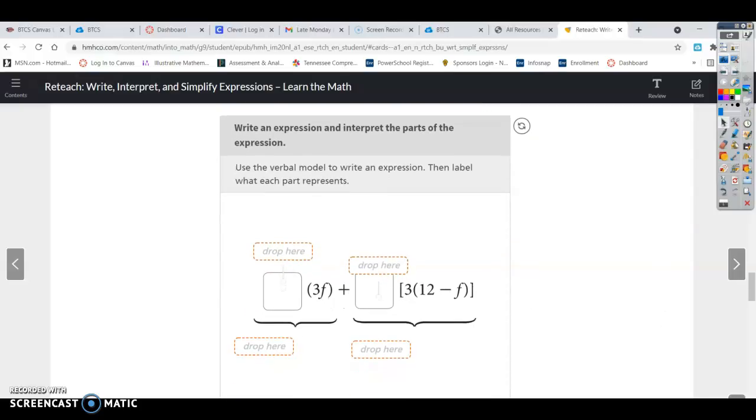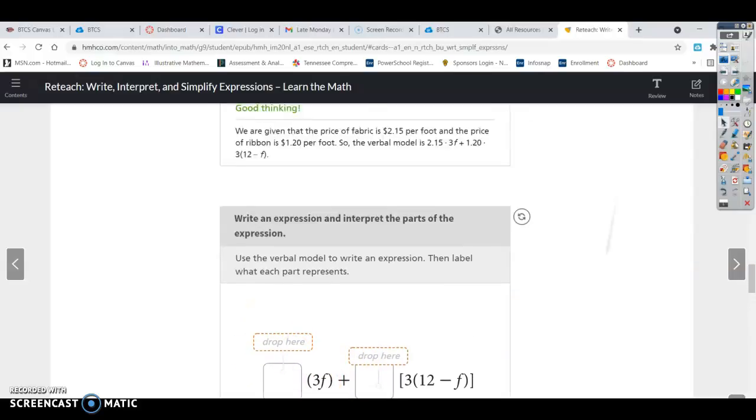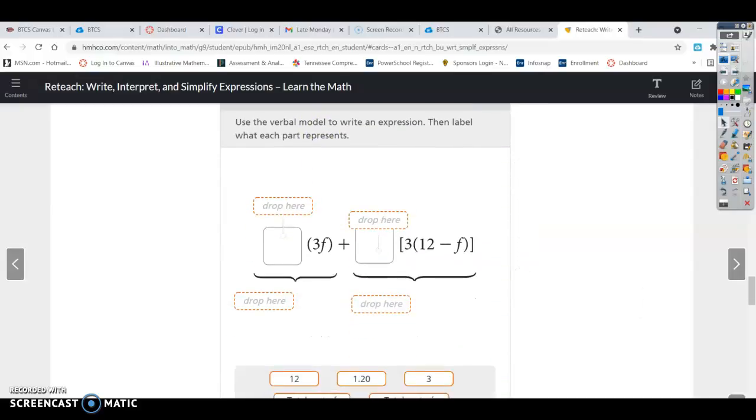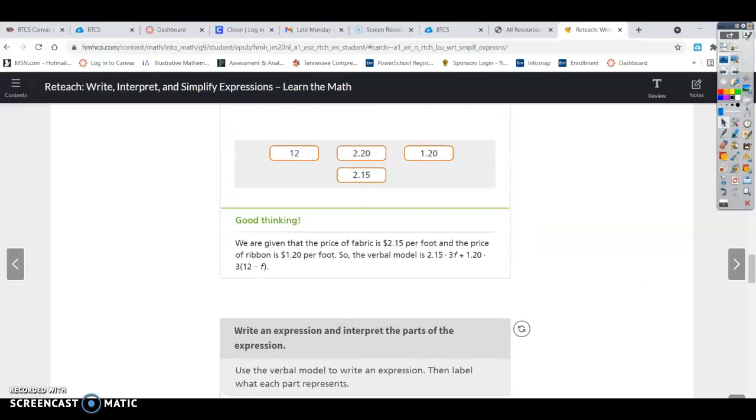All right, write an expression and interpret the parts of the expression. Again, you can see above the price per foot of fabric, and then the length of the fabric is 3F. So right here, we're going to have the price.